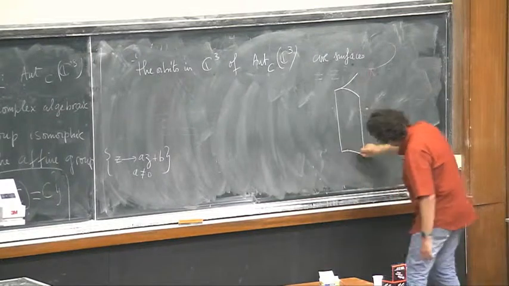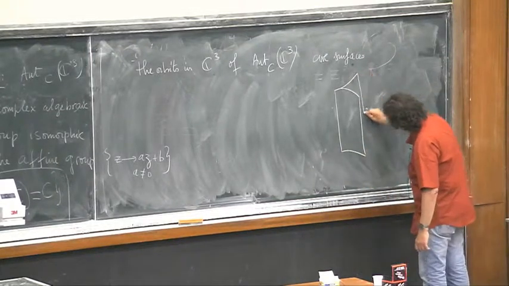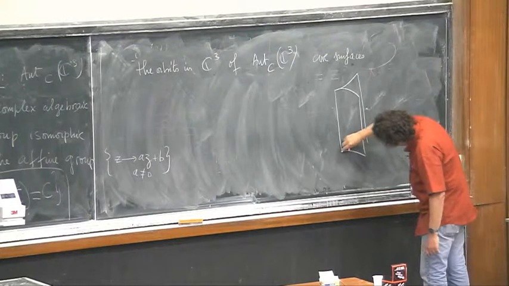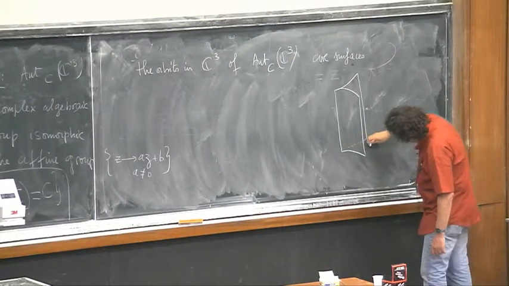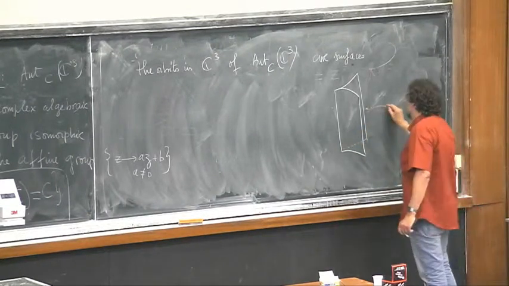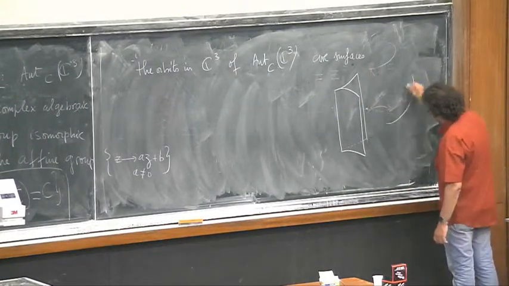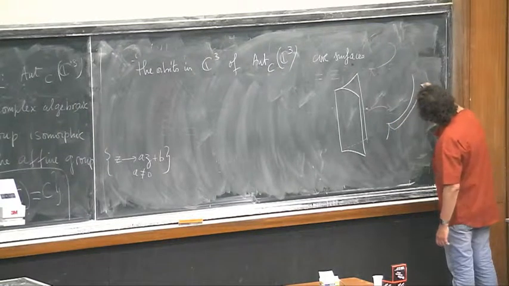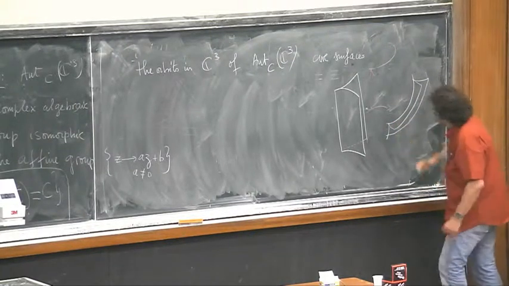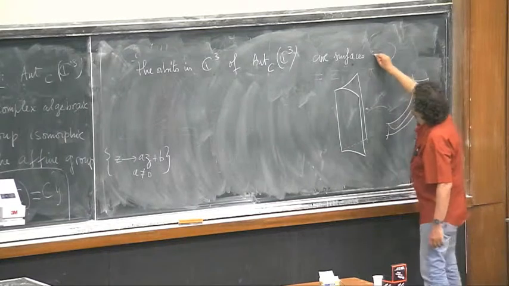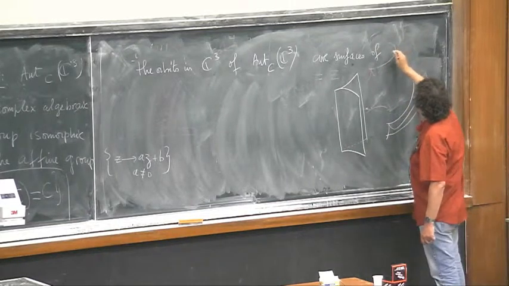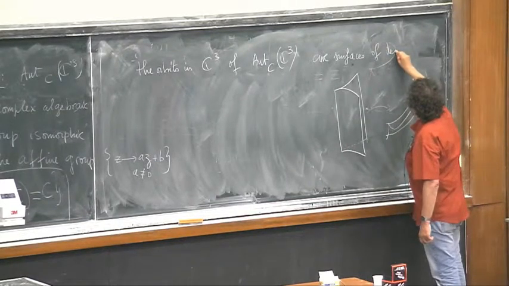I take a cylinder on the cusp, and I make a transformation which sends this line to the cubic. So you have something like this. And this curve has degree 6.